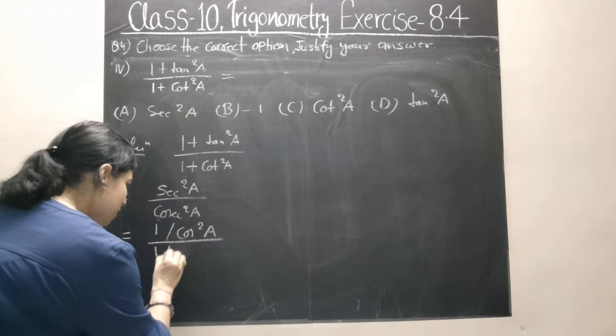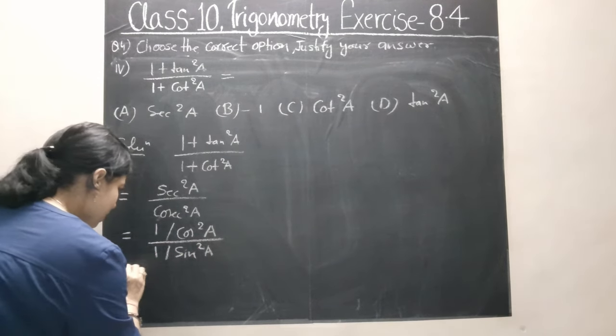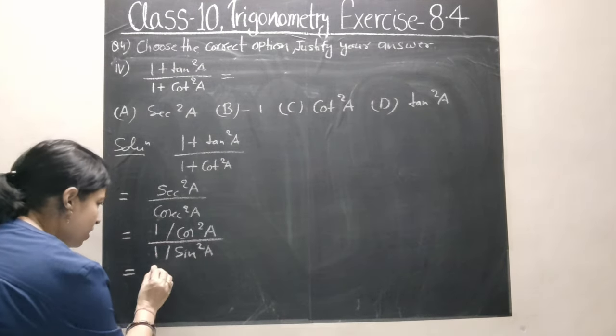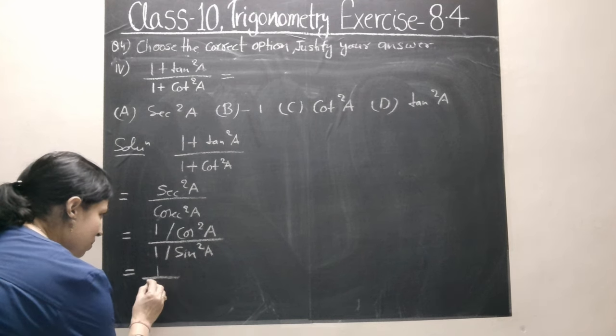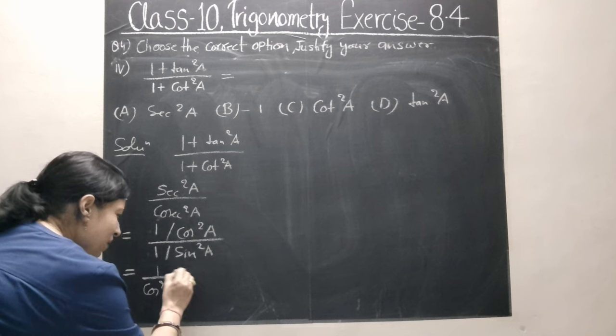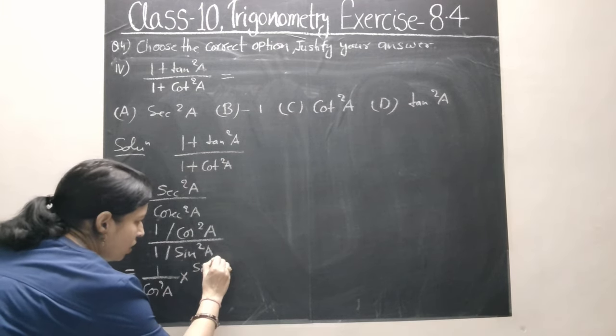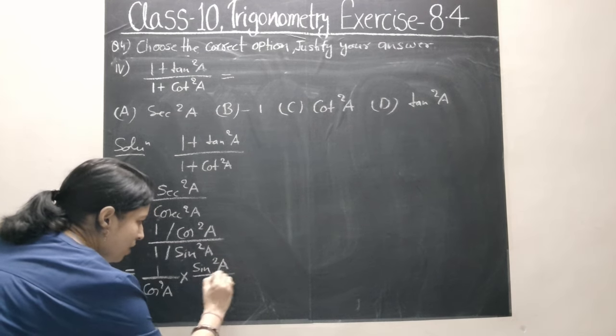So write 1 divided by sin square A. Now divide these two fractions. So we can write 1 divided by cos square A, and the second one is multiplied after taking the reverse, so it will be sin square A divided by 1.